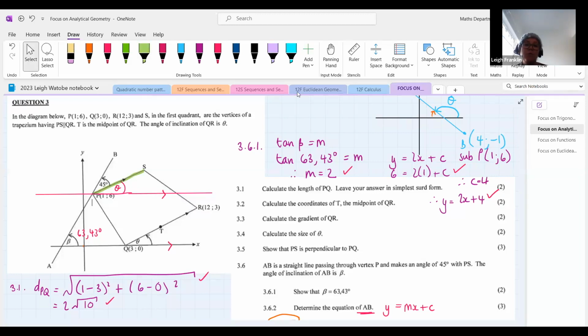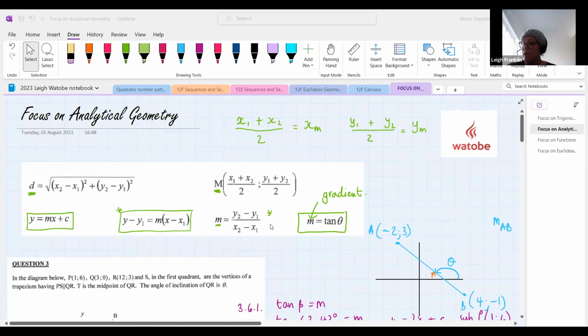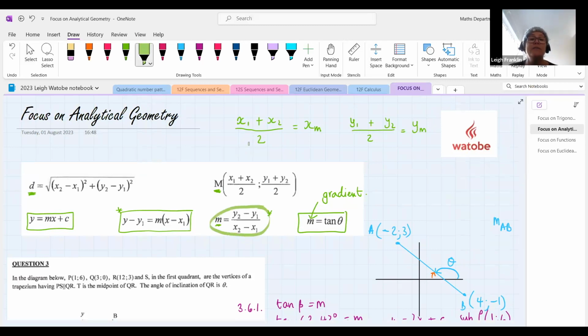Let's just think about what we've got. Yes, we know that it's 1/3. So this is an equation, isn't it? This formula over here is an equation, and it would be a linear equation because nothing's been squared in it. So I could use gradient.